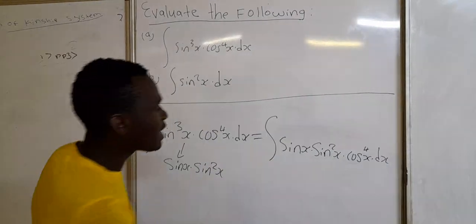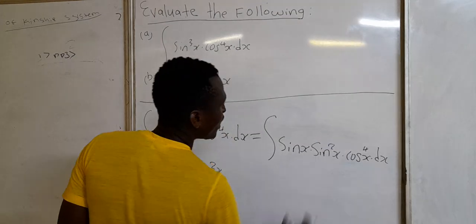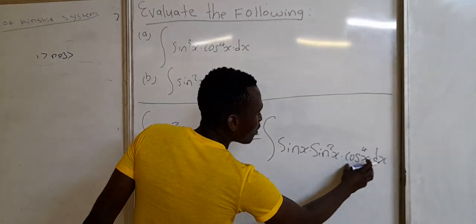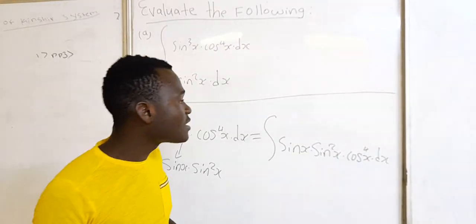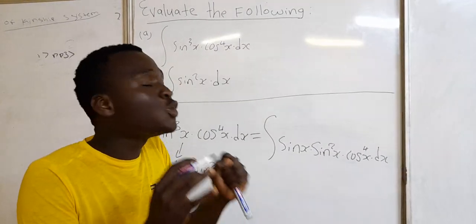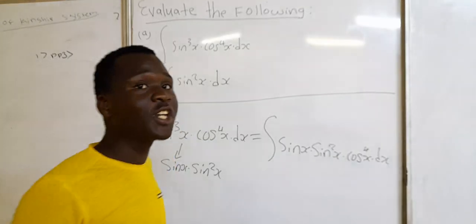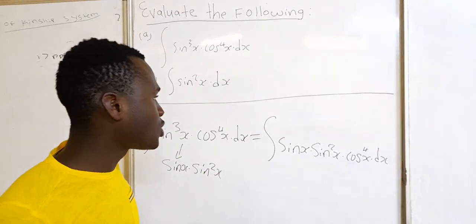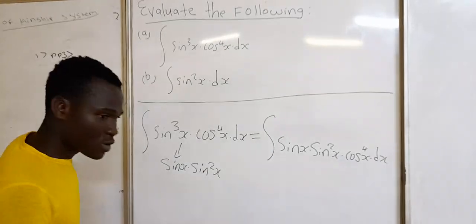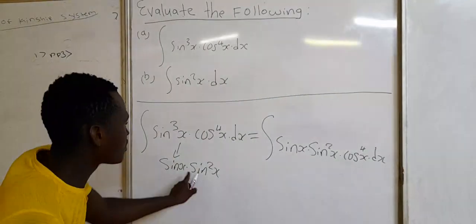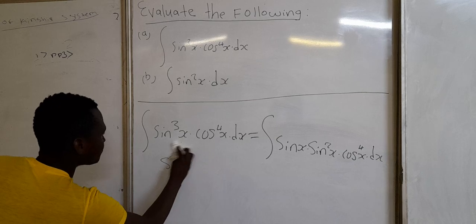So what is left is to change this sine square of x to be in terms of cos of x. The main point of this is that we need to integrate using u substitution. So let me erase this because it's already there.